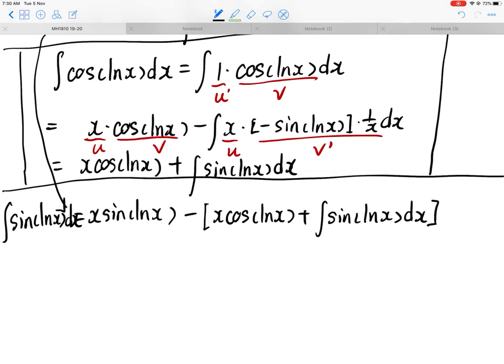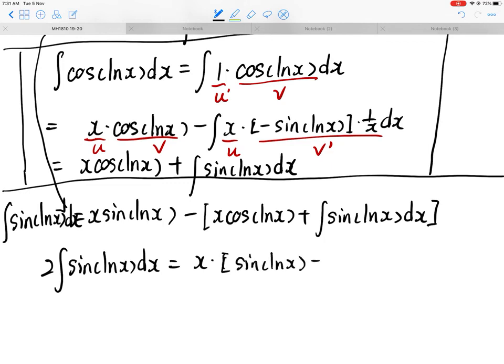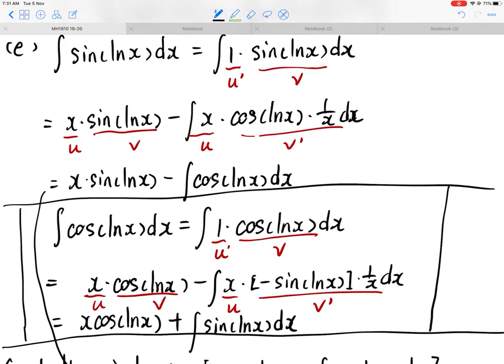Okay, so now it seems that we have the answer because we can move this to the left. It's 2 integration of sine ln x equals x times sine log x minus cosine log x.